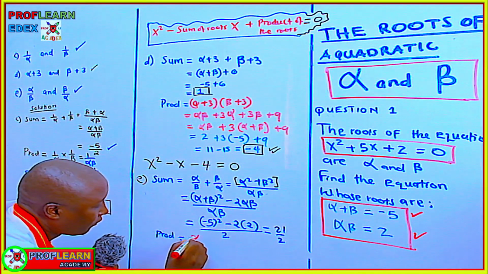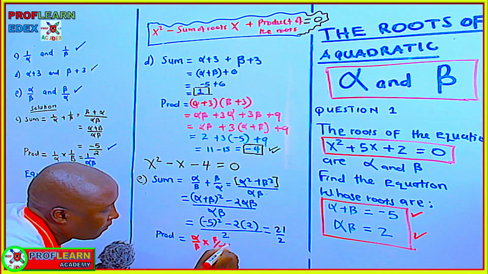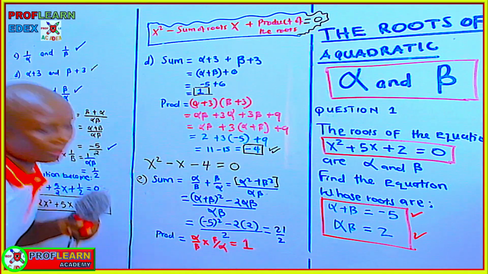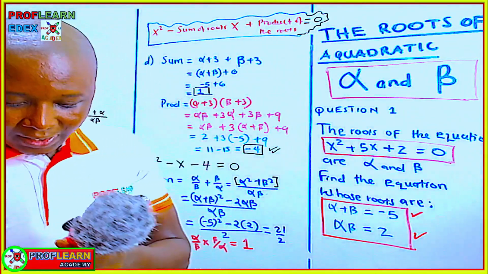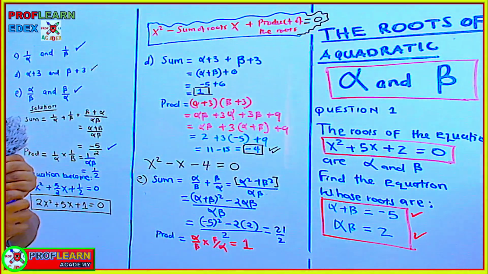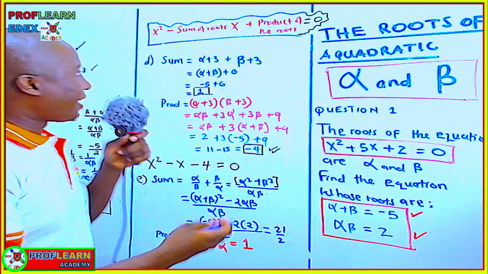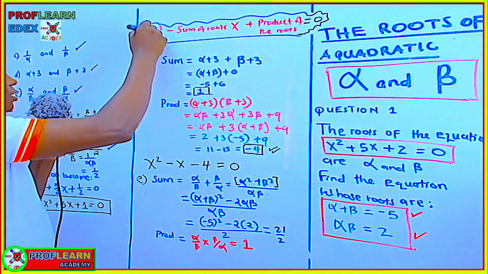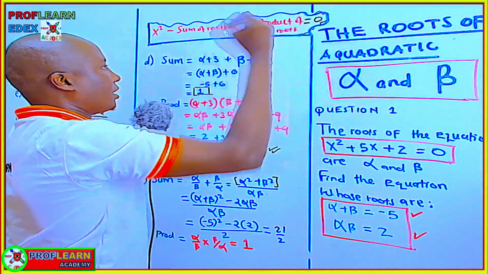This is alpha over beta times beta over alpha, and you can see the answer is going to be 1. So we have obtained the sum of the roots, we have obtained the product of the roots, and now we are going to write the equation using this relation that I gave at this point.